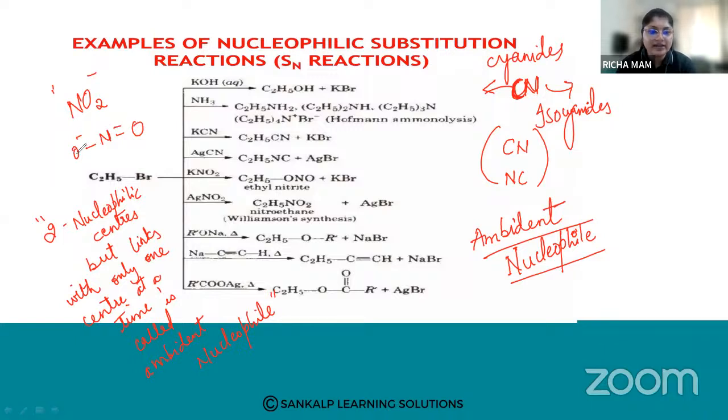If it links through oxygen, it will form alkyl nitrites. And if it links with nitrogen, then it will form nitroalkanes. So these are the different products. Now next we are going to see.